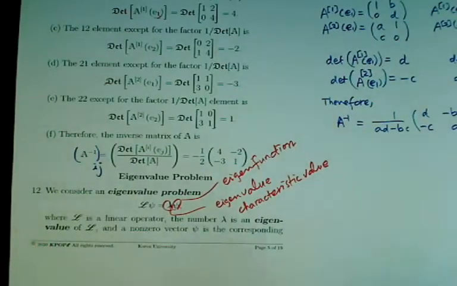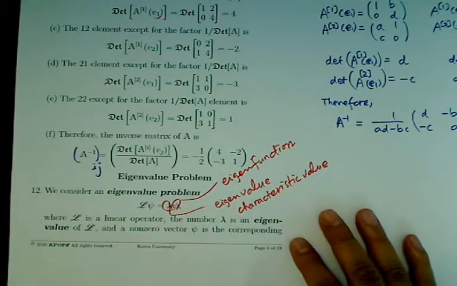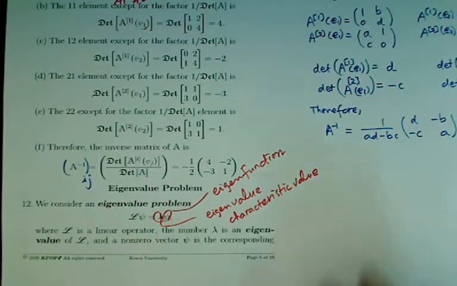Next, we consider the eigenvalue problem. The eigenvalue problem appears in quantum mechanics frequently, but it also appears in classical mechanics. In classical mechanics, for example, in the rigid body, the inertia tensor is real and symmetric.